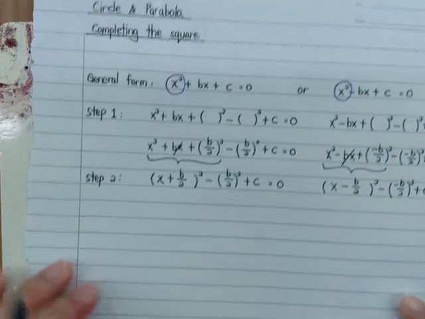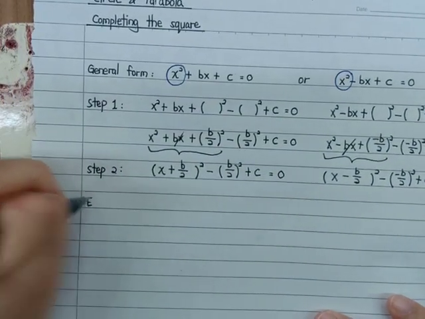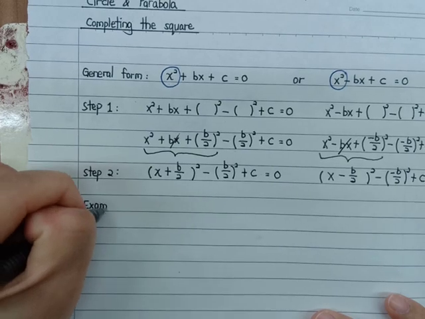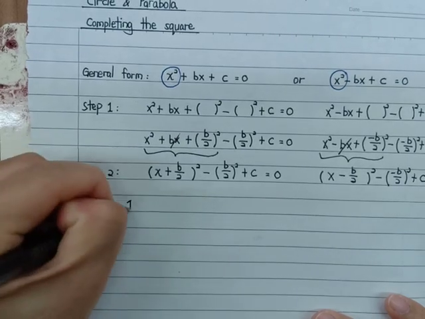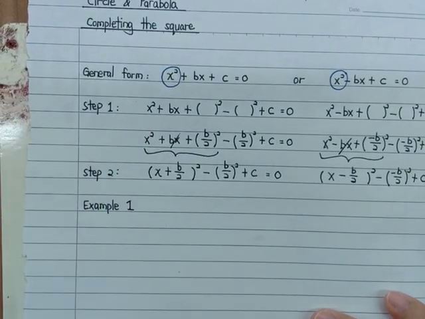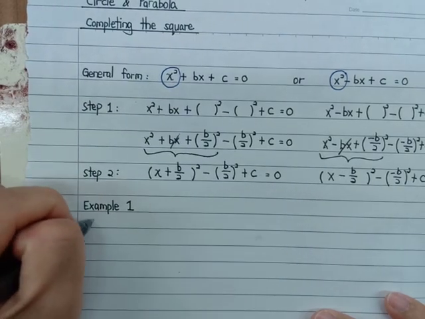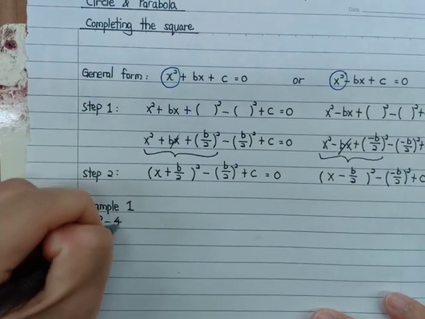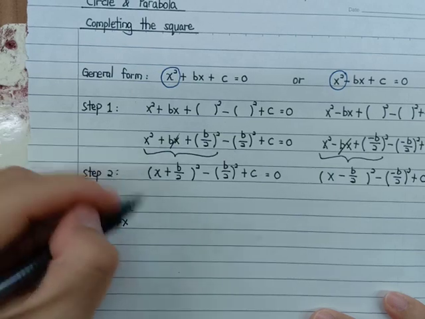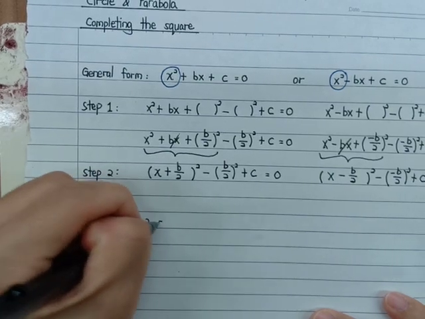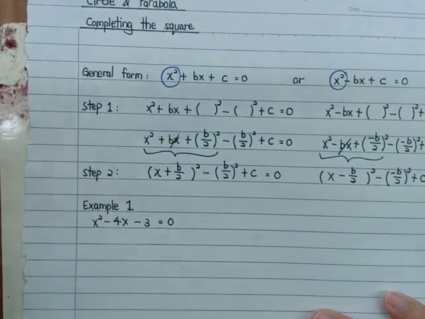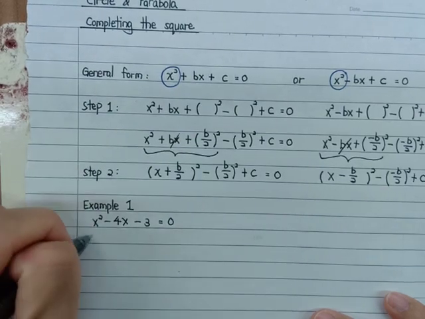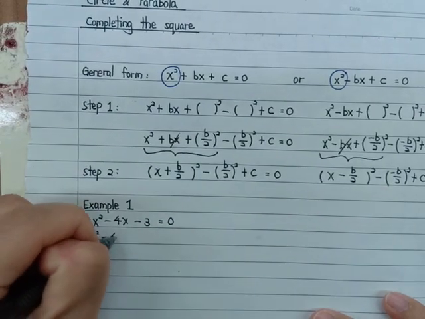Let's look at one example. Let's say example 1. The question is x squared minus 4x minus 3 is equal to 0. So what I'm going to do here is x squared minus 4x.